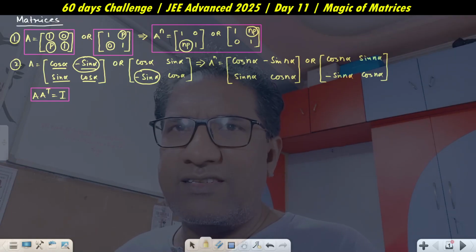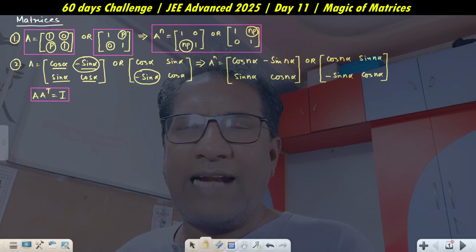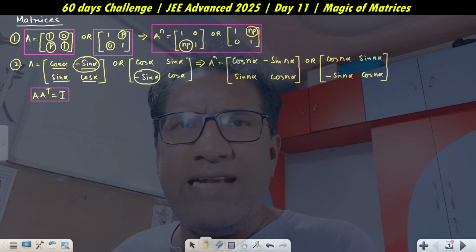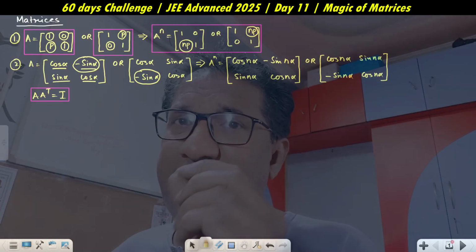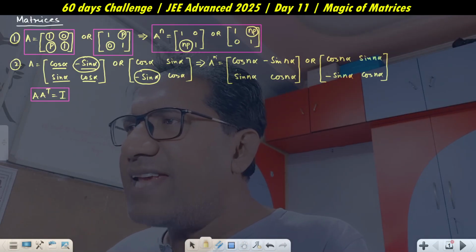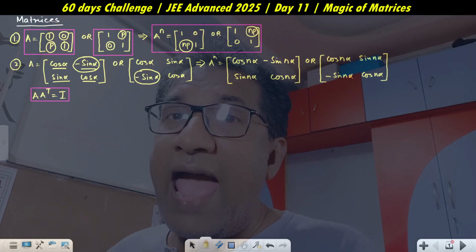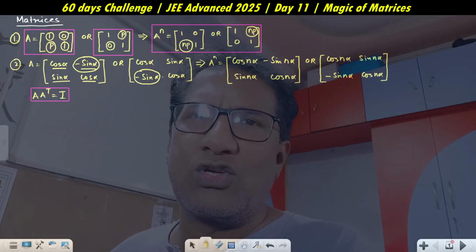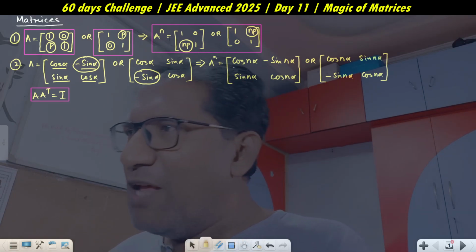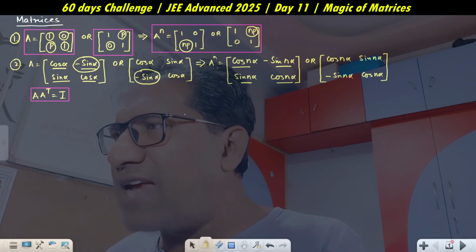In this case, if I ask you to find A to the power n, that is, you multiply this matrix n times, where n is any natural number, then this n is multiplied with the angle of all these trigonometric ratios. So here it will be cos n alpha, sin n alpha, sin n alpha.